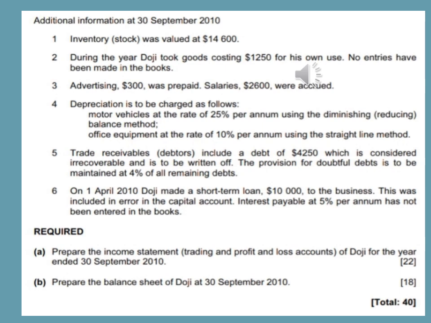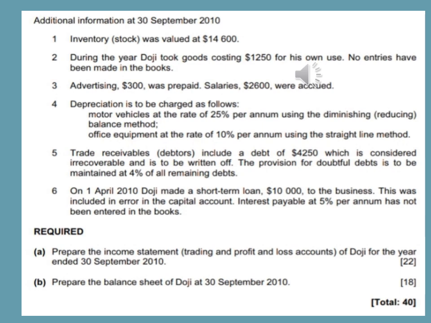The provision for doubtful debts is to be maintained at 4% of all remaining debts. Now, I would like to remind you all what the treatment was for provision for doubtful debts. When we had to provide for doubtful debts, what we did was we made a provision.